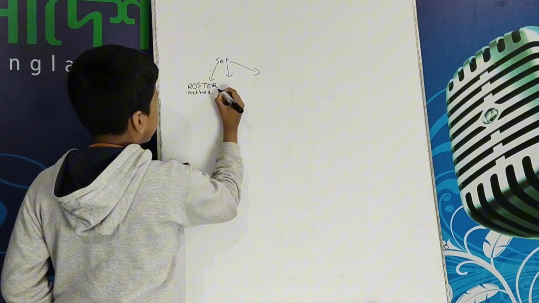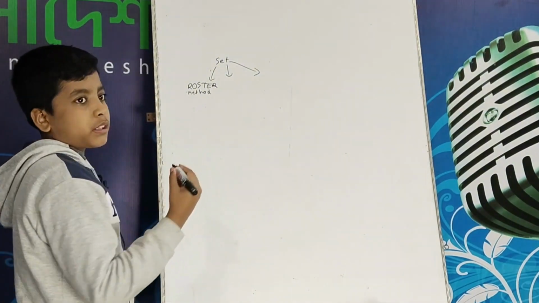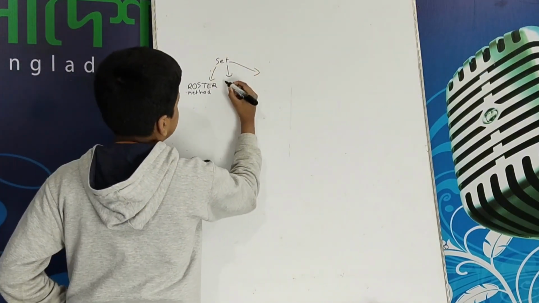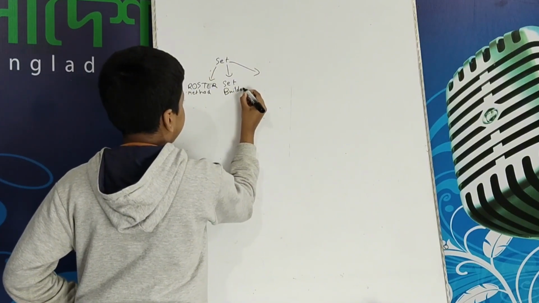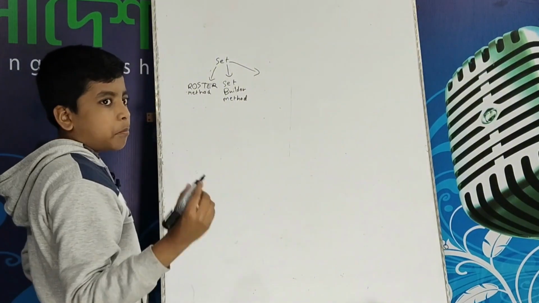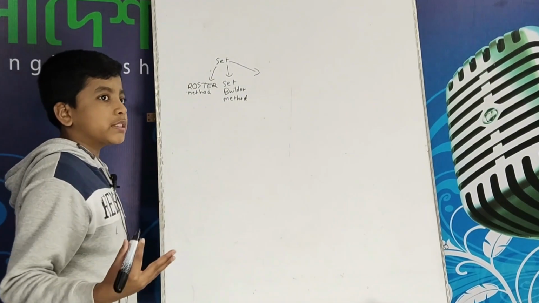It's also called the tabular method. I like calling it the roster method because it sounds cool. And the other one is the set builder method. This method is much more complex, but it is much better at representing sets.